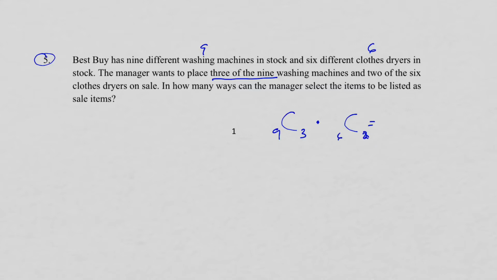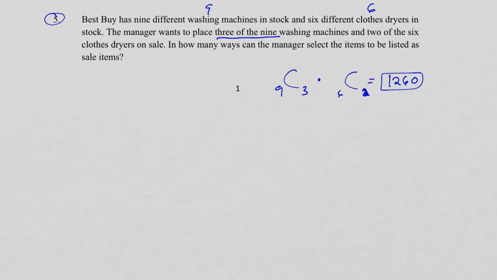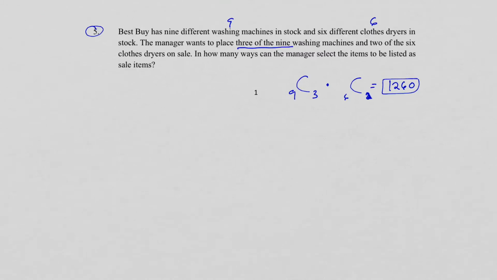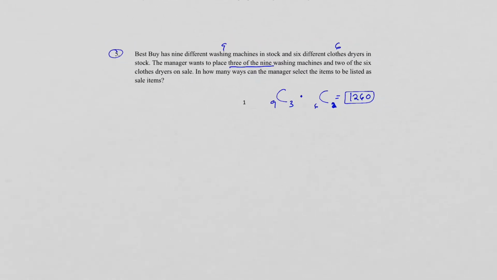Again, you just type this in your calculator and get 1260. Okay. Everybody see how we're doing two different combinations, right? Okay, let's go to the next page, or number 7.